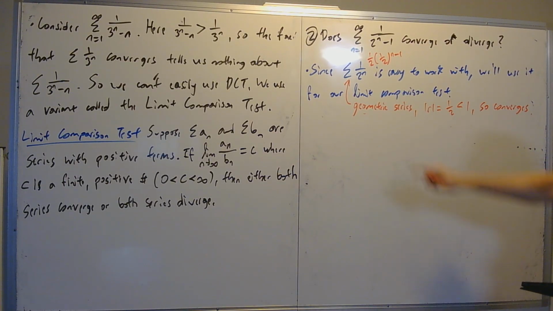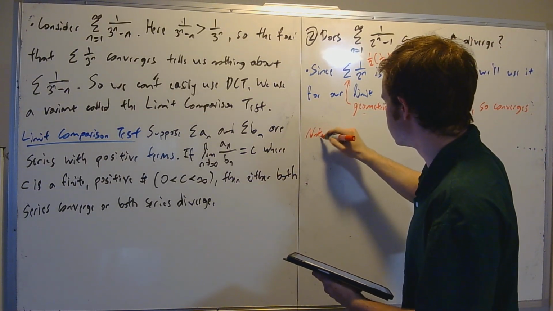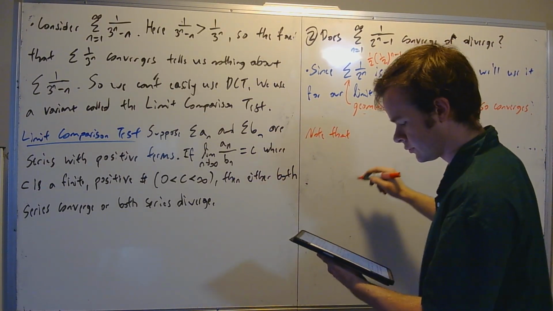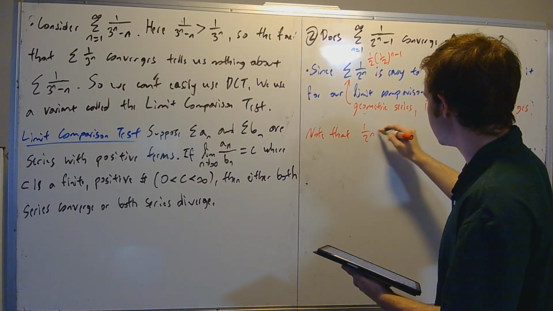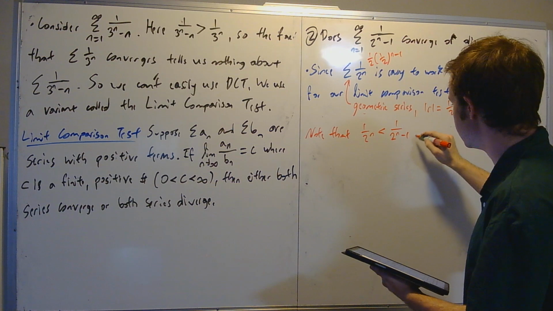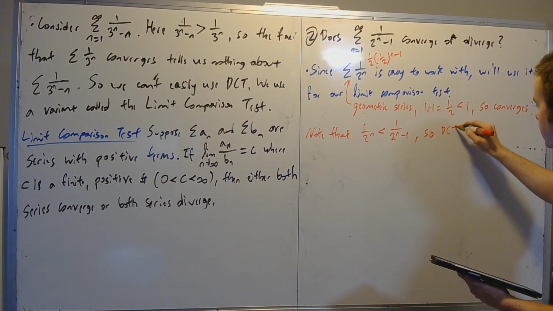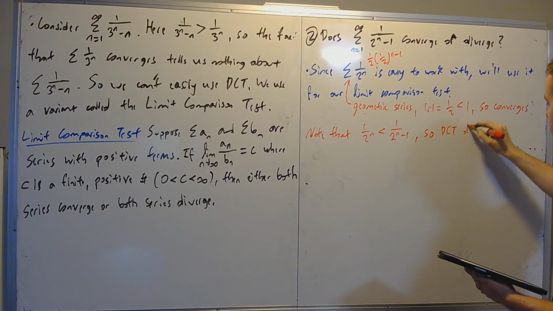Right? So we get that this series is going to converge. Note that 1 over 2 to the n is less than 1 over 2 to the n minus 1, so the direct comparison test doesn't tell us anything.